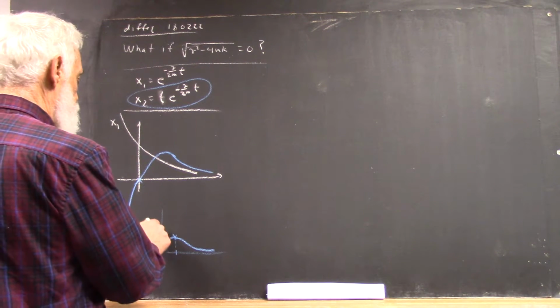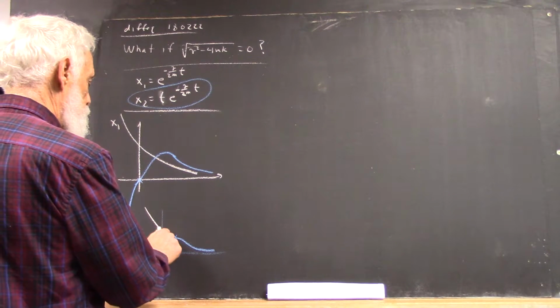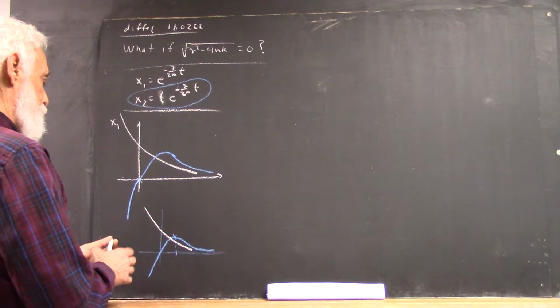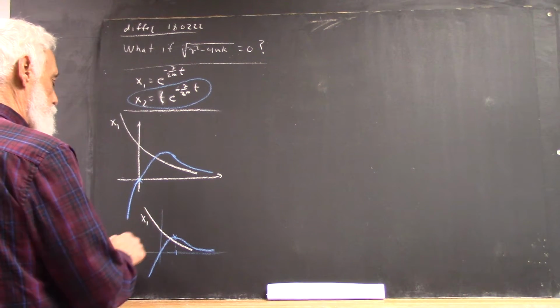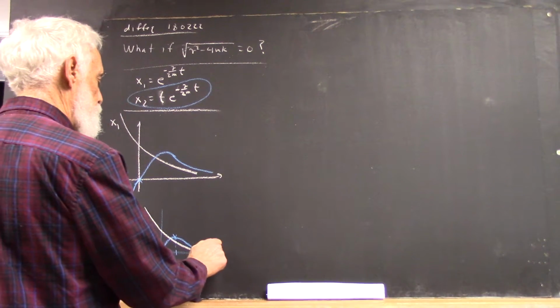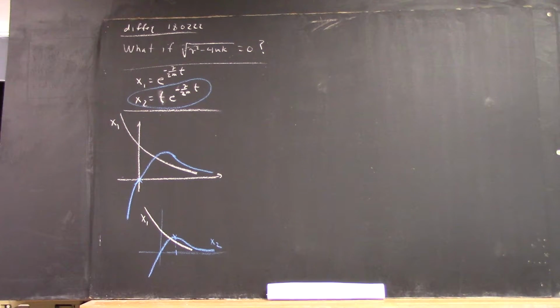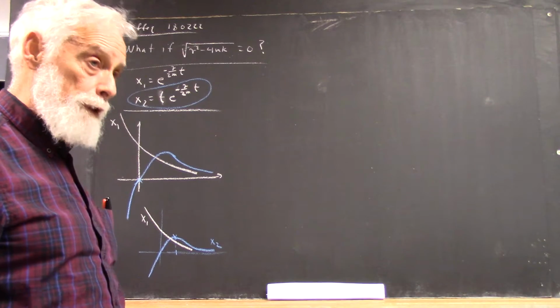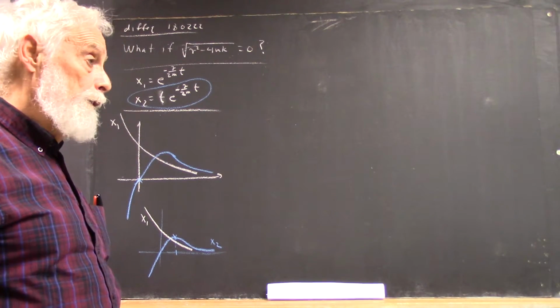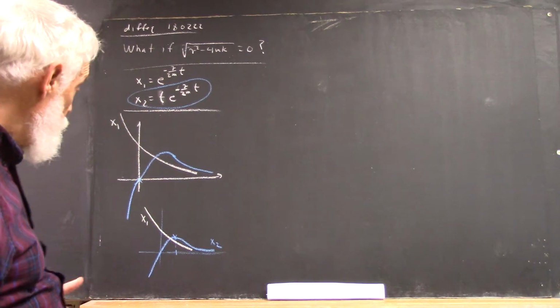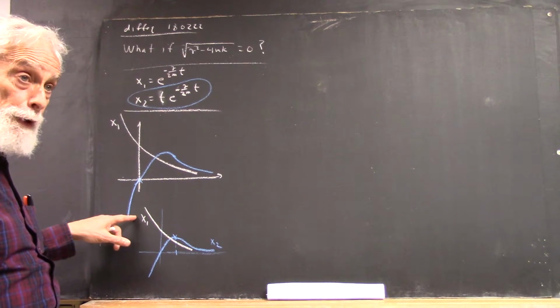In any case, our x1 will be kind of like this, and our x2 like this. Now, you could have a case where the initial conditions are such that the coefficient of x1 is 0, right?